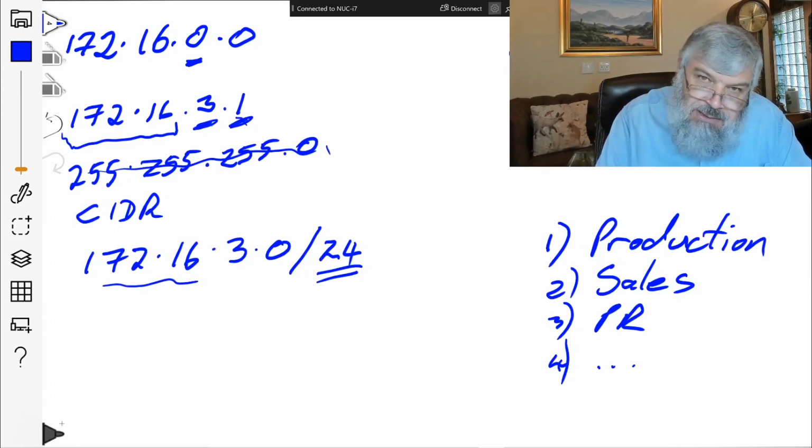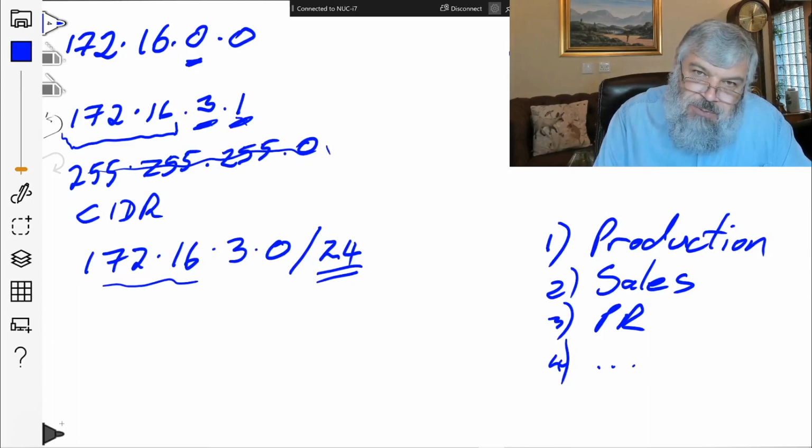Again, with 1 byte, I can address 256 possible machines. However, remember that 0 is reserved for the network, and 255 is reserved for broadcasting on that subnet. So it is 256 minus 2, 254 possible machines that I can address in that department.